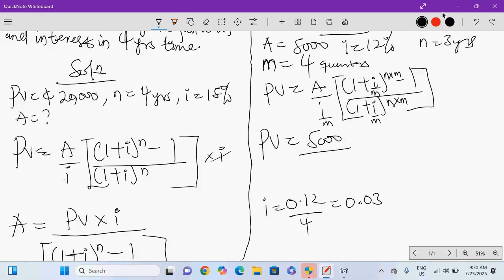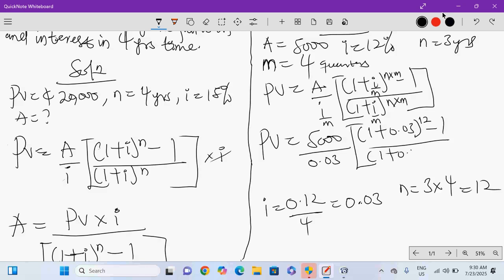And then the n is giving us what? n is 3 years times 4, giving us 12. So from here we get i as 0.03, and then (1 + 0.03)^12 - 1, all over 0.03 times (1 + 0.03)^12. So what is the answer?